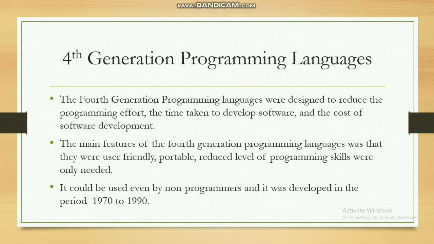The main features of the fourth generation programming languages were that they were very user friendly, portable, and only reduced levels of programming skills were needed. They could be used even by non-programmers, and were developed in the period 1970 to 1990. Java etc. could be learned and used even by plus 2 students, and not much skill needs to be there.